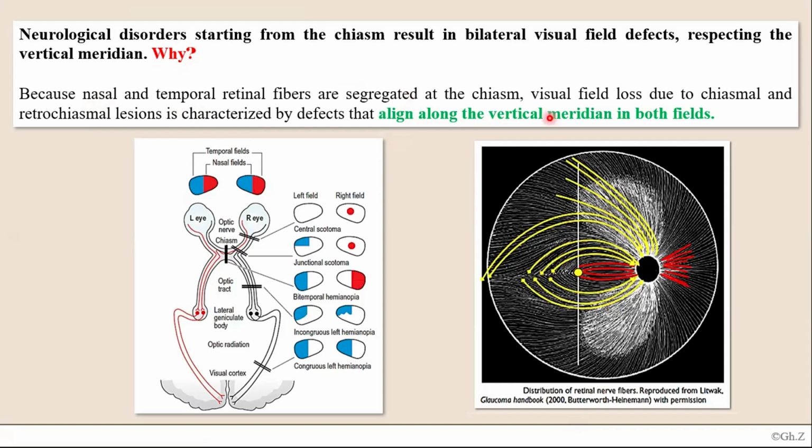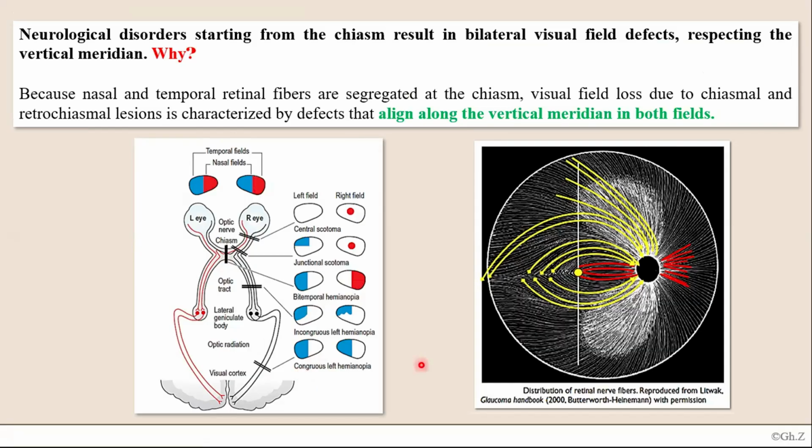As a result of this anatomical fact, visual field loss due to chiasmal and retrochiasmal lesions is characterized by defects that align with the vertical meridian in both fields. Okay, so starting from the chiasm and retrochiasmal pathway, there must be bilateral visual field defects respecting the vertical meridian.